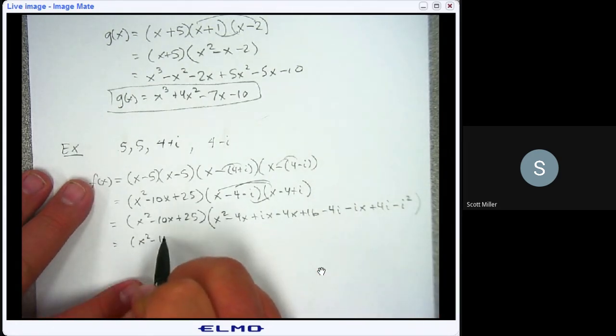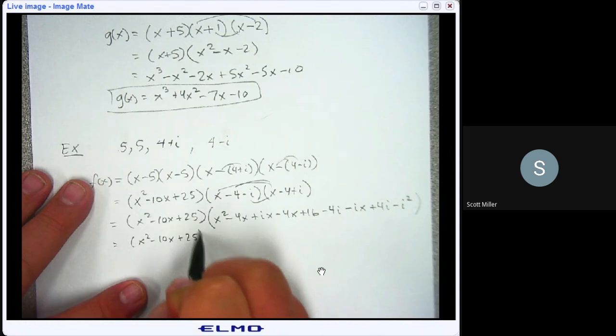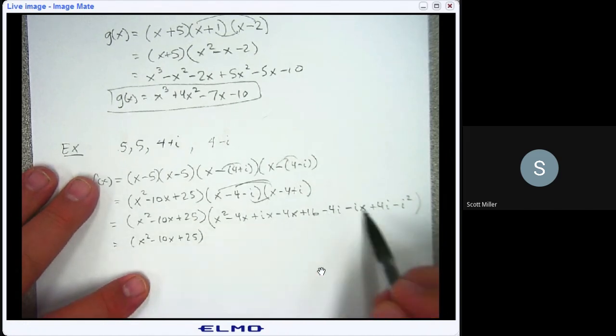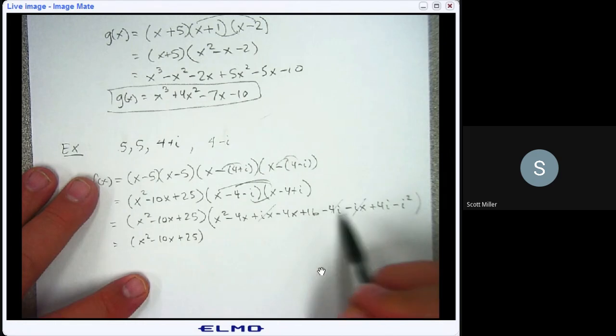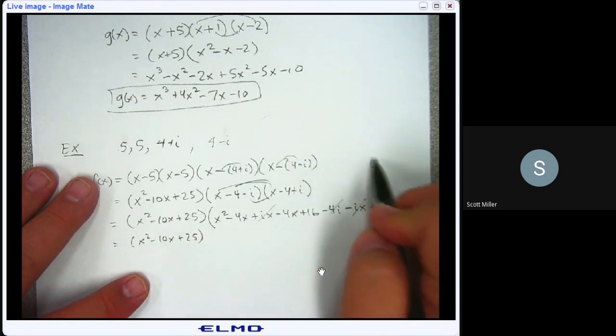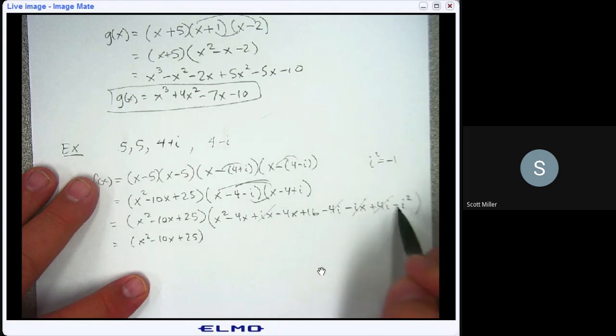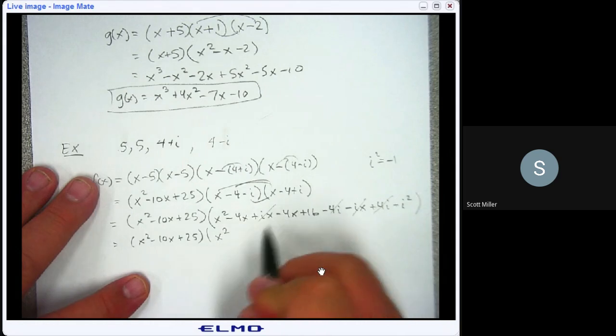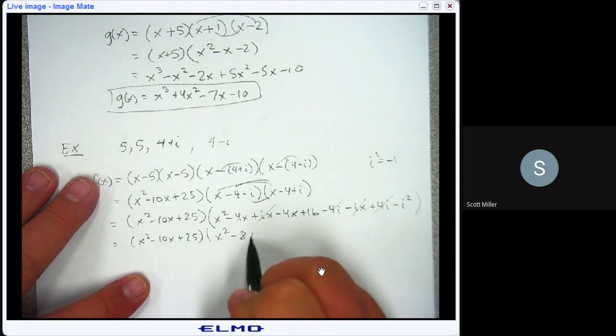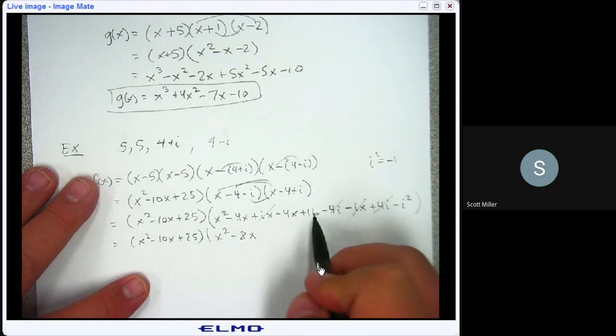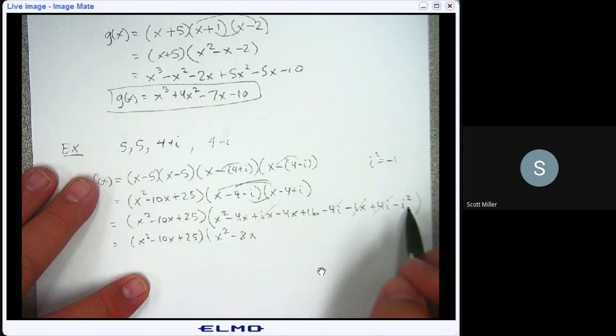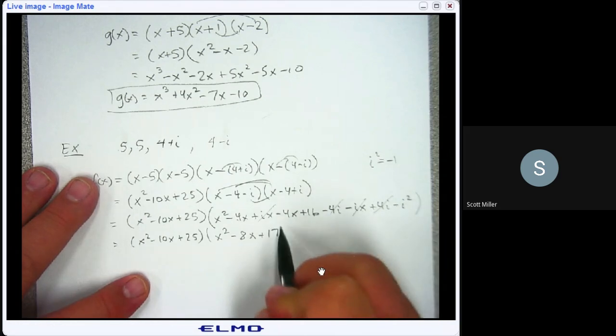All right, what do you notice? See, the ix will drop out. The 4i will drop out. And i squared, remember, i squared is a negative 1. So I have minus a negative 1, or plus 1, right there. So x squared minus 8x, 16 plus 1, 17.